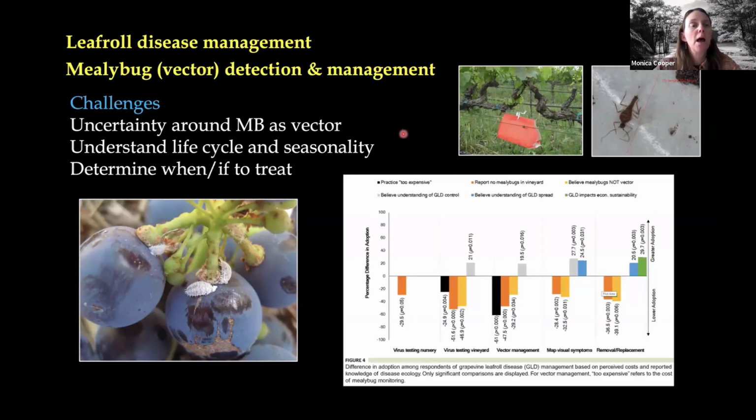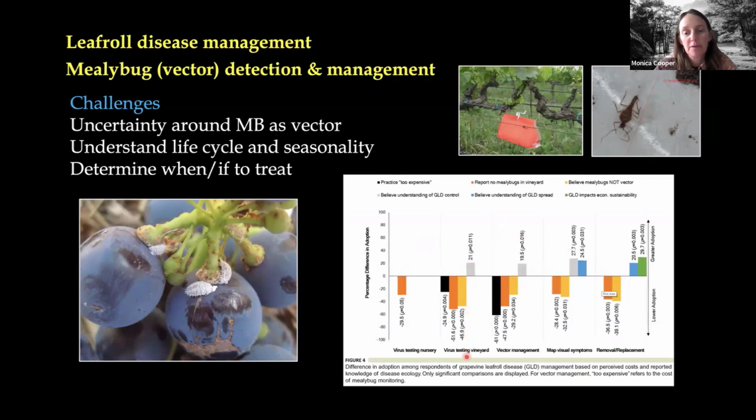Just to reinforce the point about how important it is to recognize mealybugs as a vector, we did some surveys of growers, looking at adoption of these five practices and the factors that are affecting adoption. If you see adoption on the positive side, those are reasons why people were adopting.